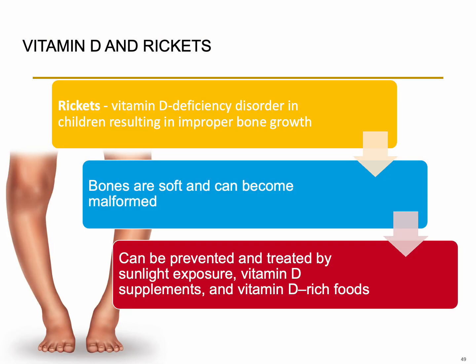Okay, moving on to our second fat-soluble vitamin, and we'll start out by mentioning vitamin D deficiency. In childhood, that can lead to rickets, which is kind of like osteoporosis for children. It's weak bones. Bones are soft and can be malformed.